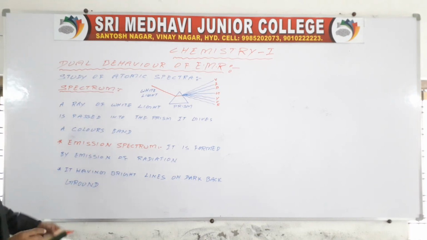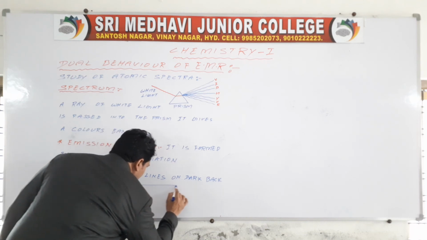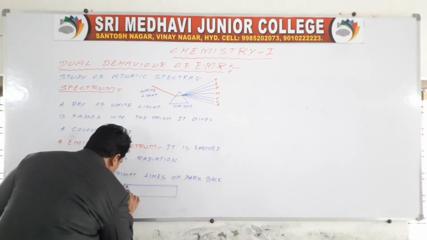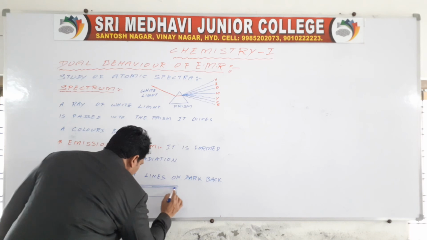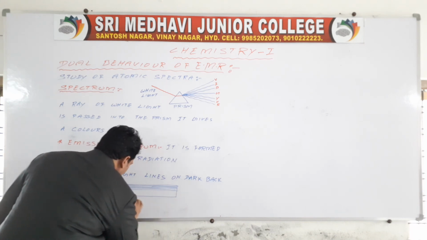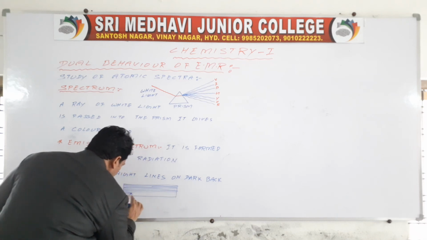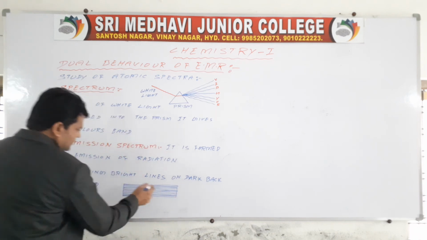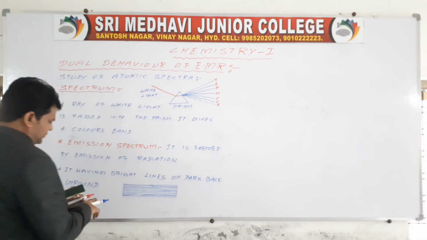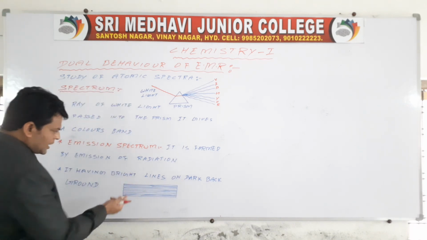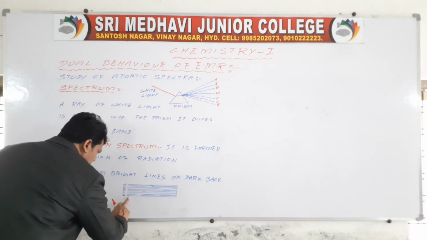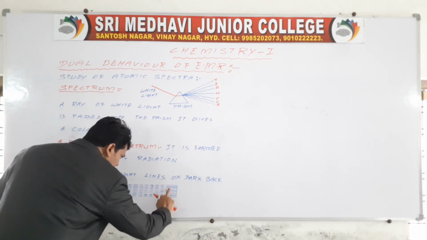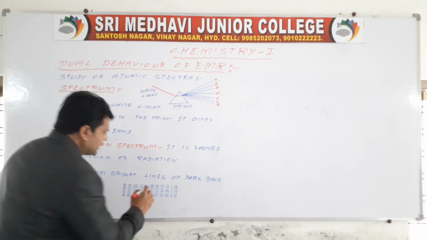See here, this is an emission spectrum. This is a dark background, and on the dark background it has bright lines like this.